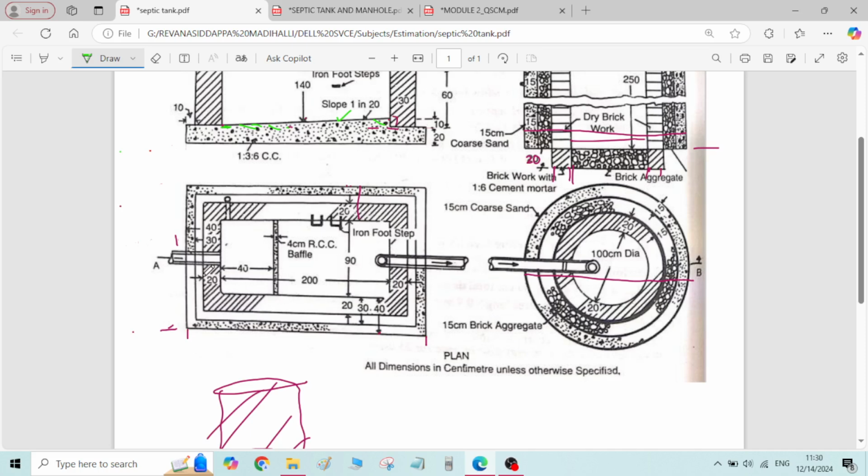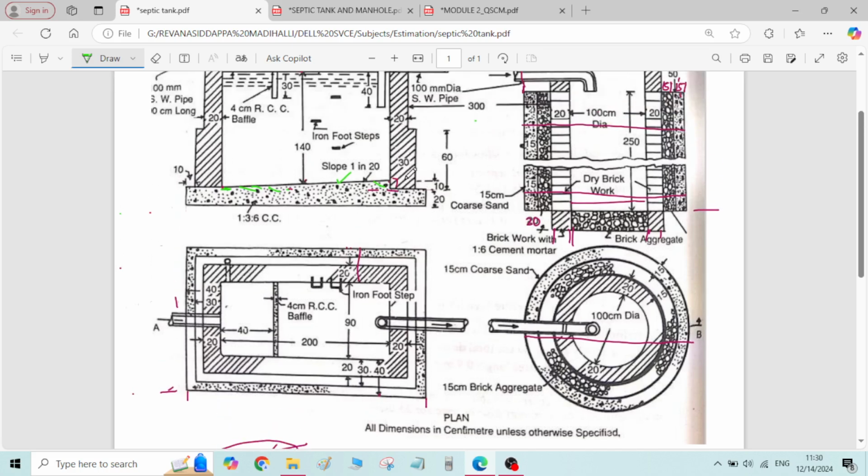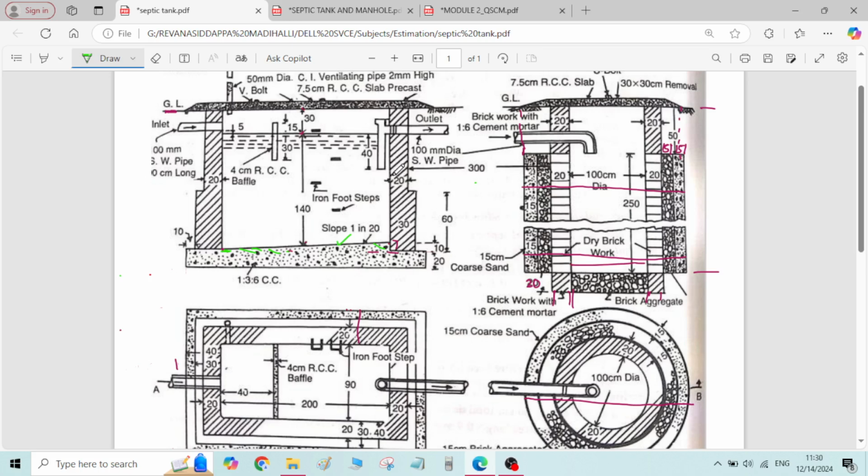Okay, all around the periphery the walls are constructed, and that wall is constructed in two layers. Up to certain height it is having 30 centimeter thickness, and after that the thickness of the wall is 20 centimeter. Up to 60 centimeter height the thickness of the wall is 30 centimeter.